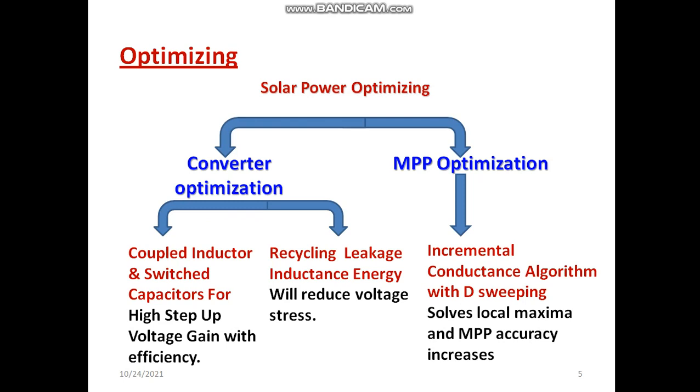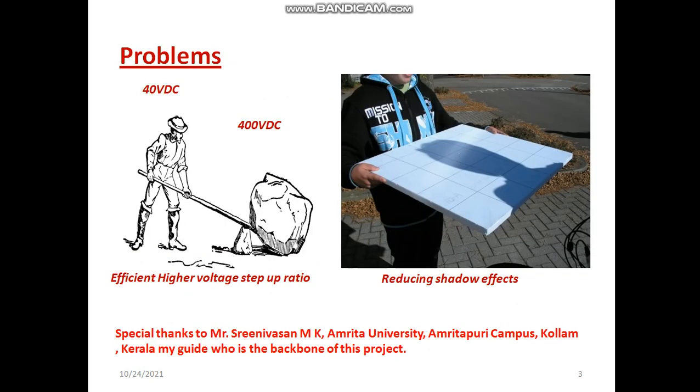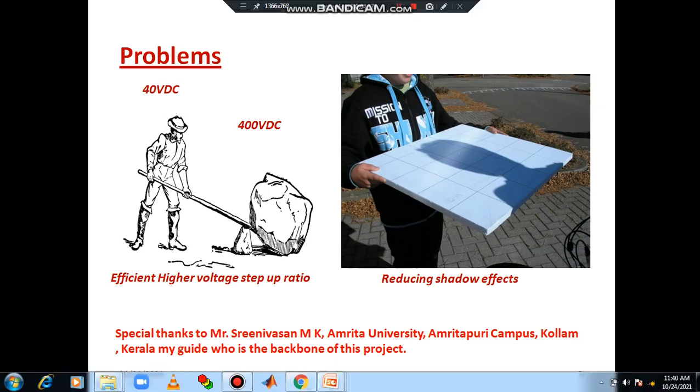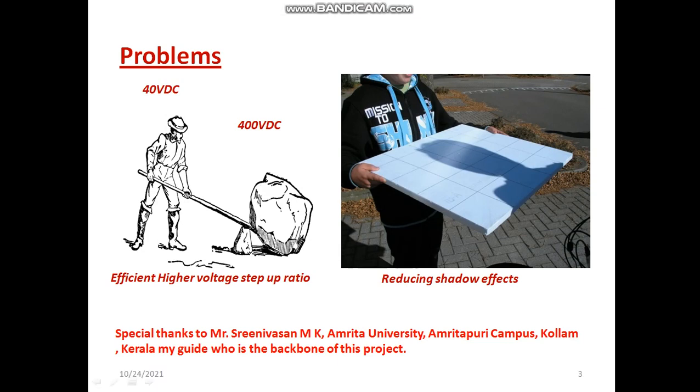You will find many papers if you refer to the IEEE website. So that is the main scenario. These are the major issues you can see. You can see a man lifting a rock. How much effort is needed? That means the efficient higher voltage step-up ratio is one of the parameters. And you can also see the shadow effect, or you can call it the shading effect of a PV panel.